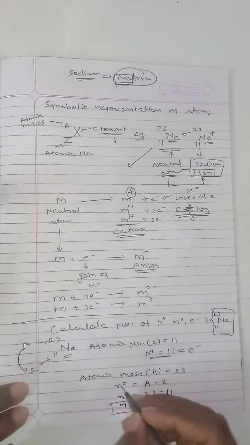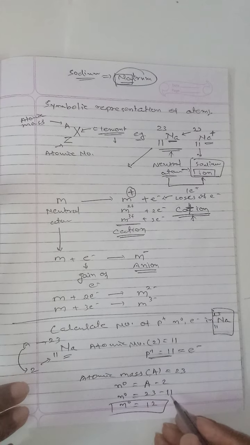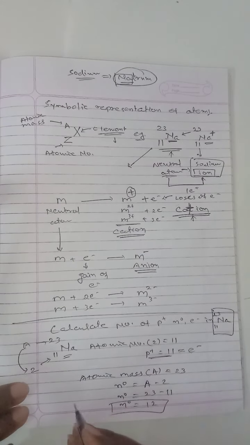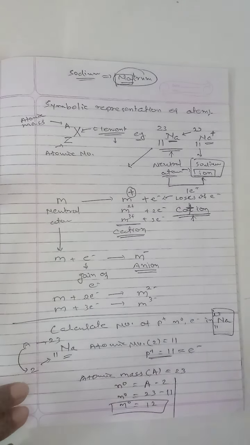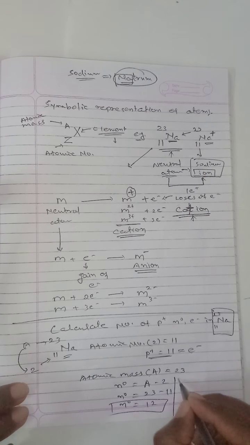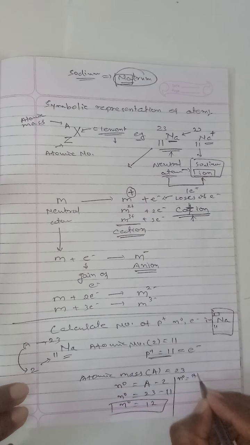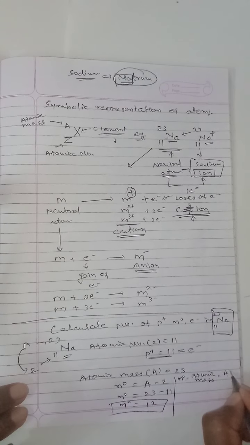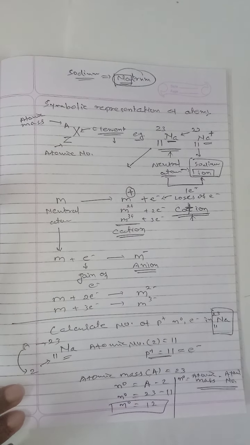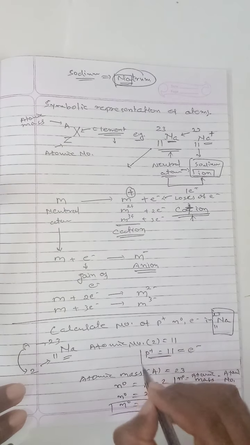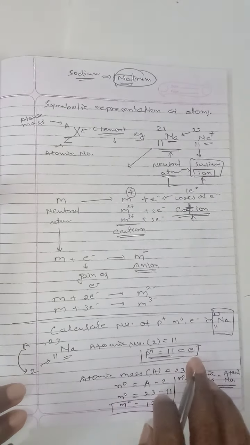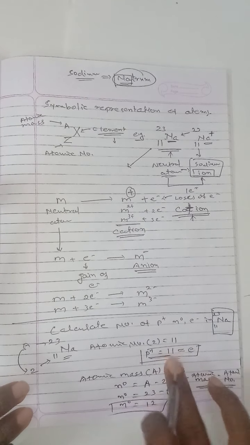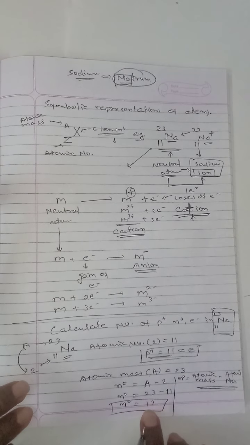In short, number of neutrons equals atomic mass minus atomic number. It's very simple, short and sweet. So the total number of electrons and protons are 11 and neutrons are 12.